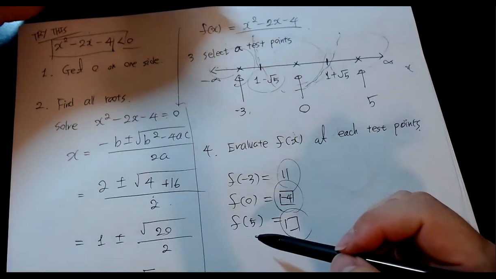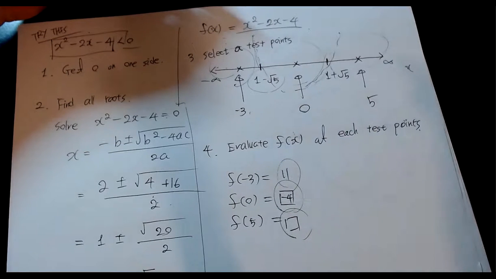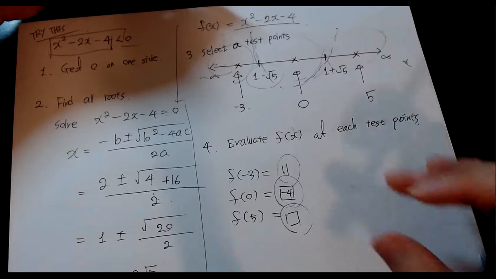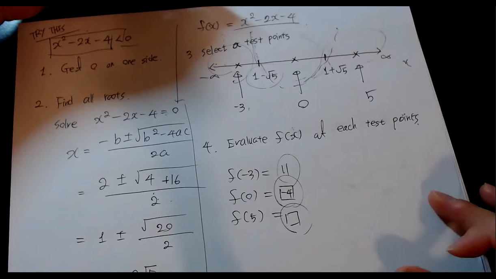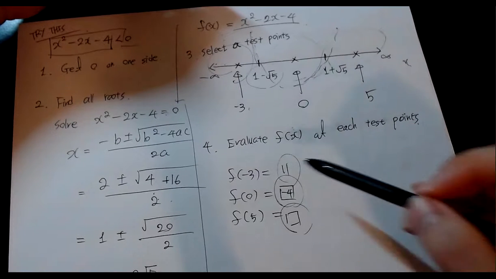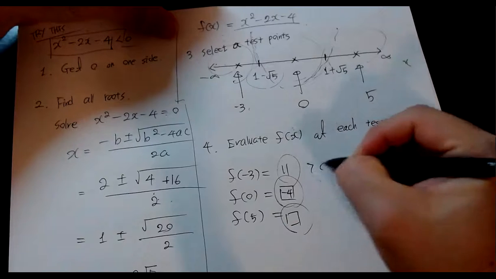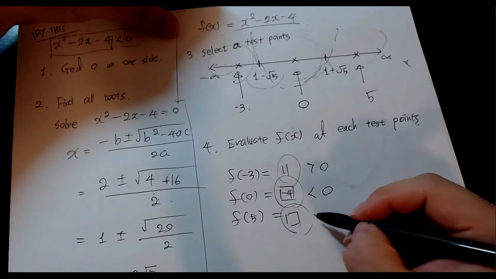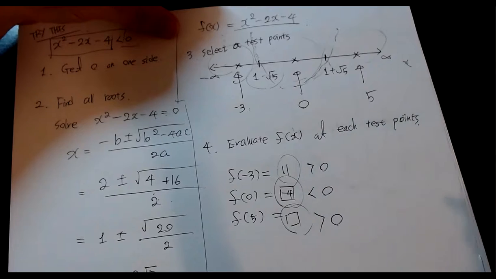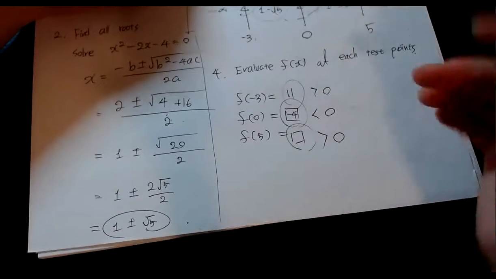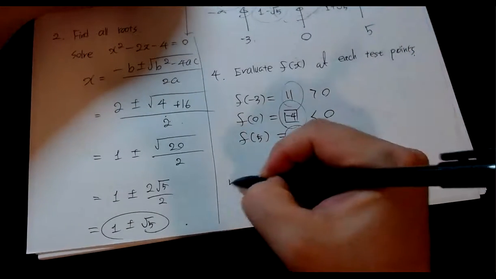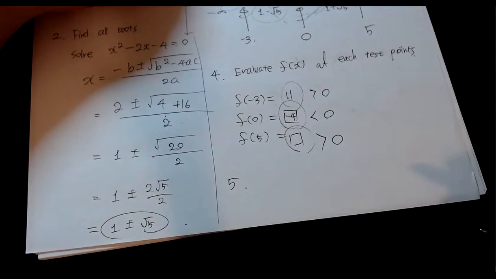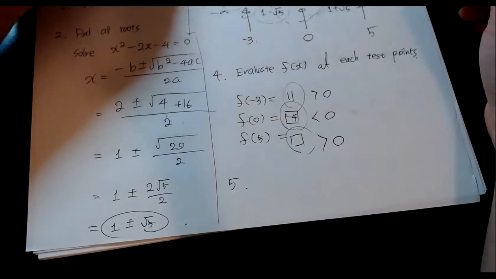In step 4 and step 5, the goal is to figure out the sign of function f at each test point. So f of negative 3 is positive, f of 0 is negative, and I'm sure f of 5 must be positive. Now in step 5, we determine the solution set from the sign of the function at the test point.